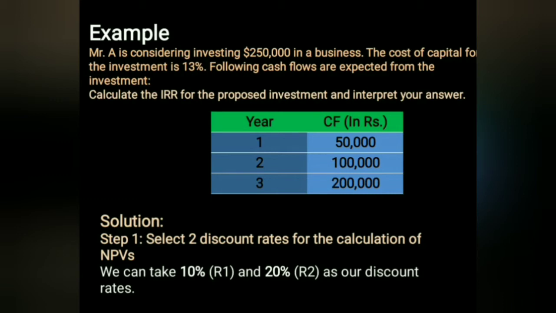Here the cost of capital of the investment is 13%, which is between 10 and 20, so I am taking these two discount rates. Then we will calculate.